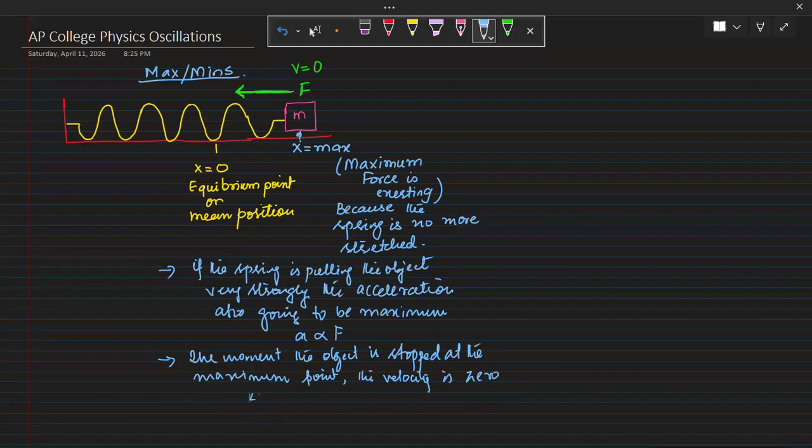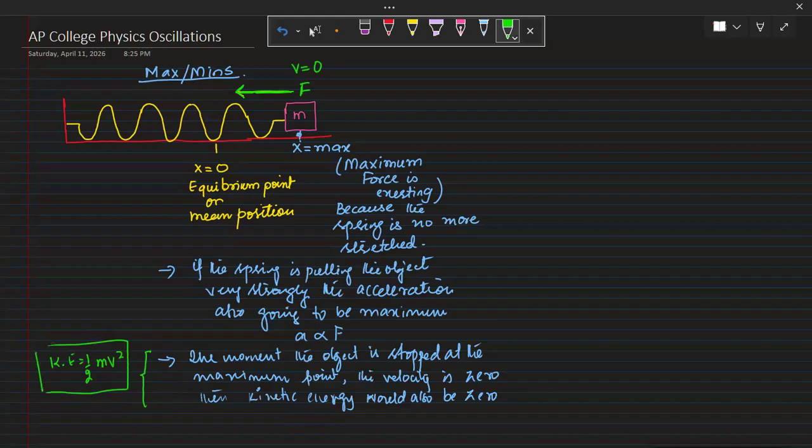So what about the kinetic energy? Then kinetic energy would also be zero, because what we know is that kinetic energy is actually half mv squared, right? Therefore, if the v is zero, the kinetic energy would also be zero.